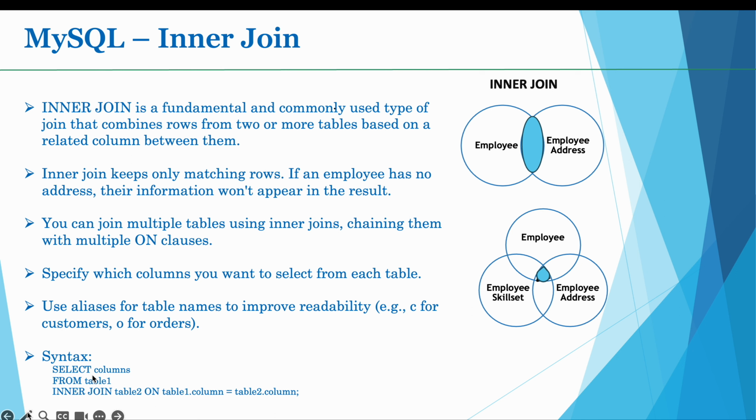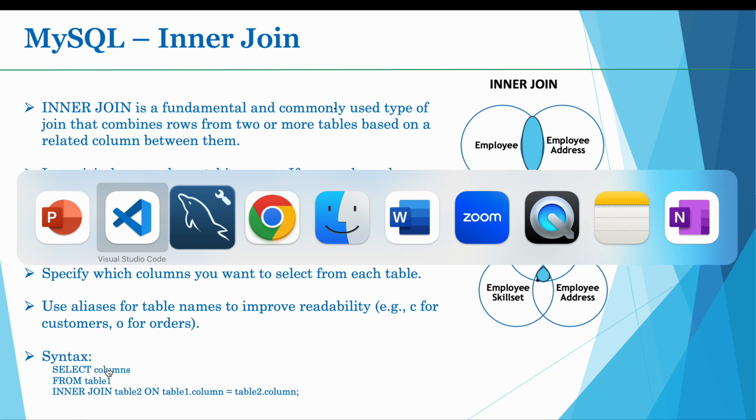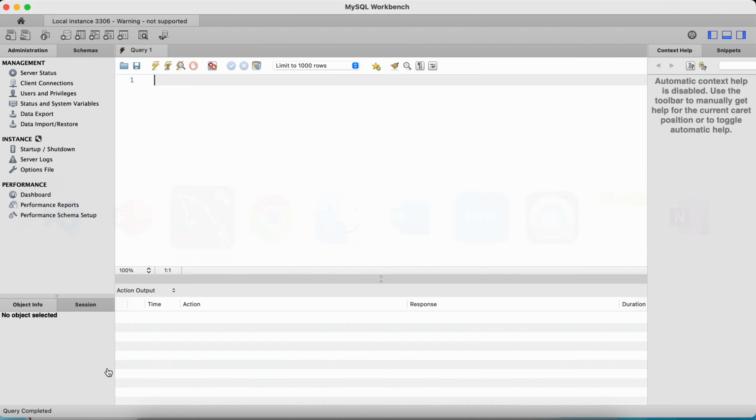So basically it will join the two tables based on this condition, and after combining them, it will return the selected columns as an output. With that said, let's look into the queries that we are going to write for the inner join.